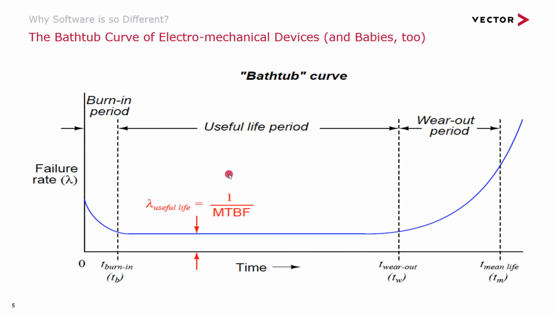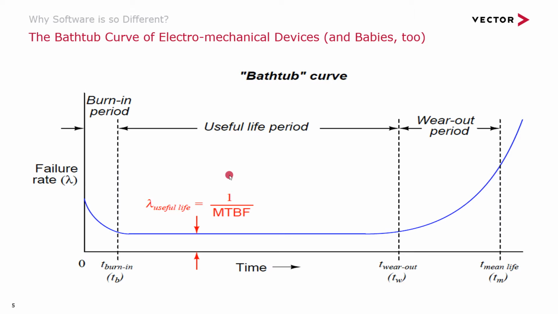This is the description of the failure rate during the life of a mechanical device or a human. There is an initial burn-in period where you have a higher failure rate because the baby is more delicate than an adult, and because you have a new device that is on the market. So there could be some defects that are still in the device.